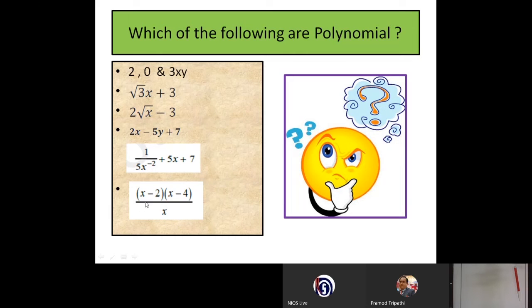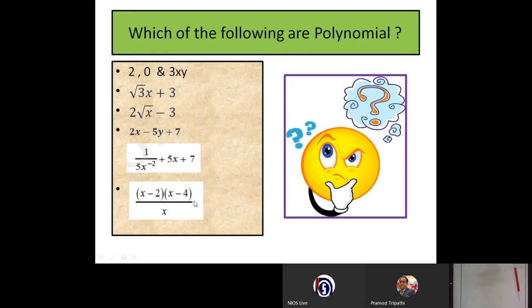Simply, without multiplying, when x goes to the numerator side, what will it be? The x will be x raised to the power minus 1. So it is not a non-negative integer. Hence, it is not a polynomial.